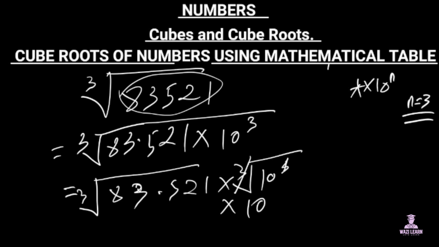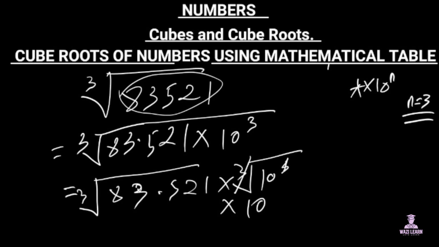Then in your table you look at a number that is either 83.521 or a number that is close but not greater. So you look at the number and then you look at the corresponding columns and rows. So it will be at 4.38. Let us look at 4.38. At 4.38 will be 84.02, which is greater.